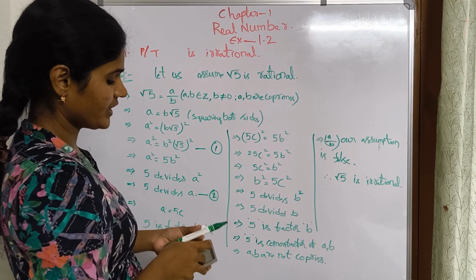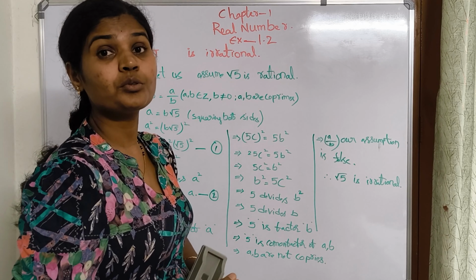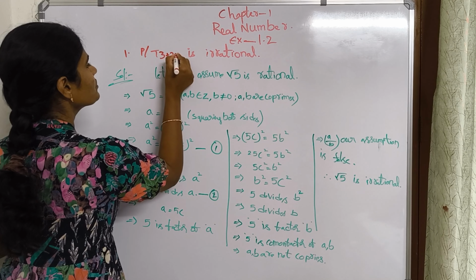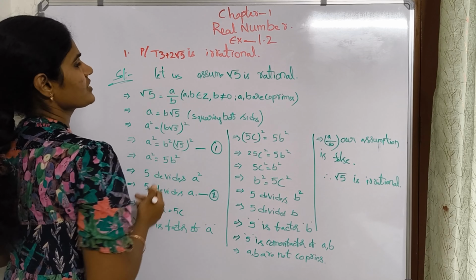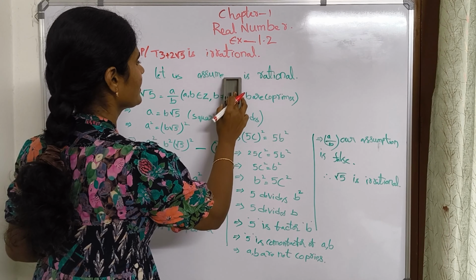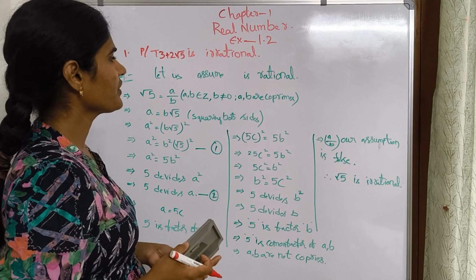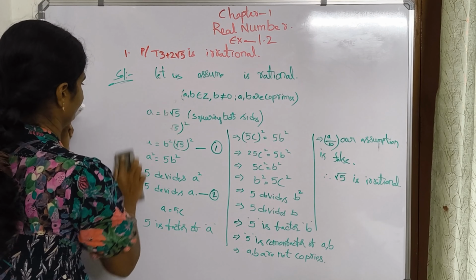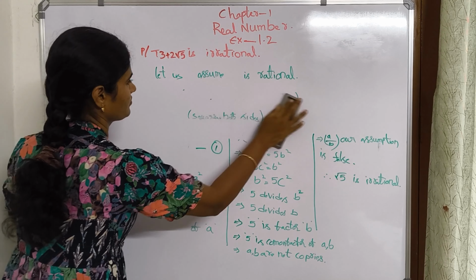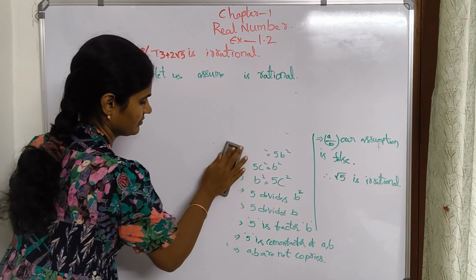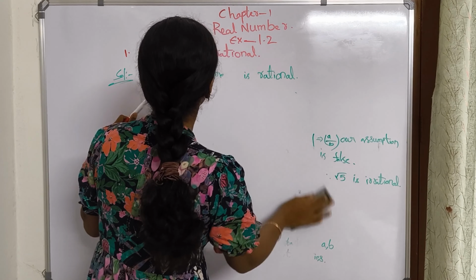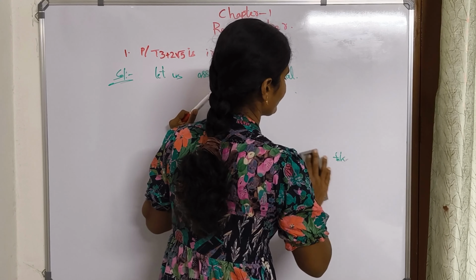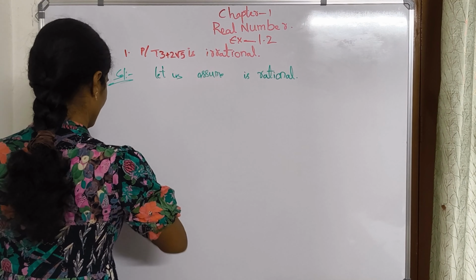Here, 3 plus 2 root 5 is irrational. We have to show that 3 plus 2 root 5 is irrational. For that, let's see. Again, we have to take our contradiction.